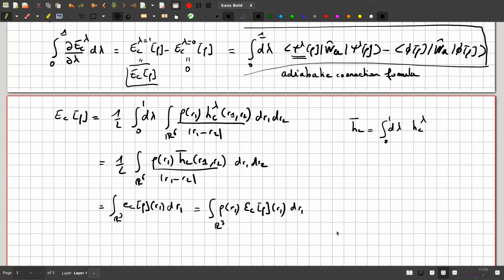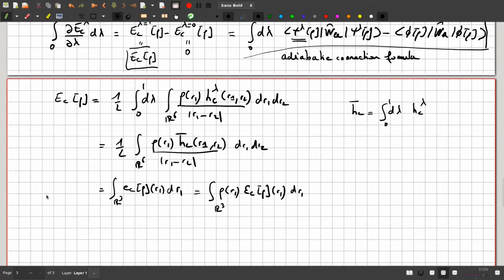Okay, so that was preparation for now introducing the approximations. So if you have questions about this, you can ask now.